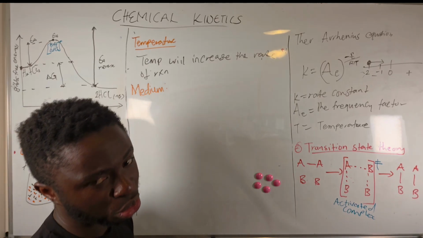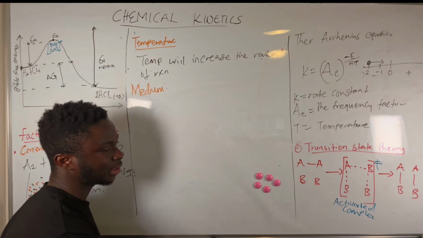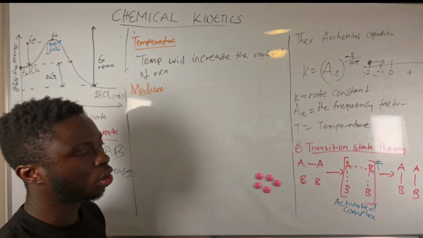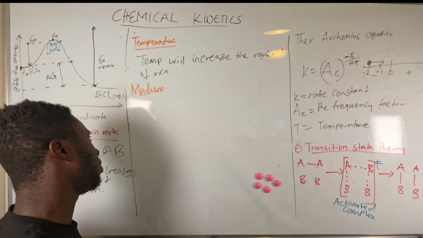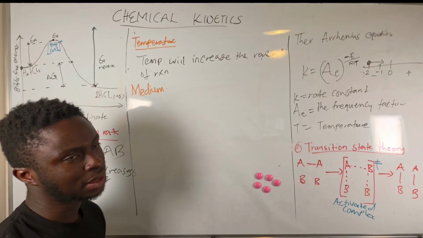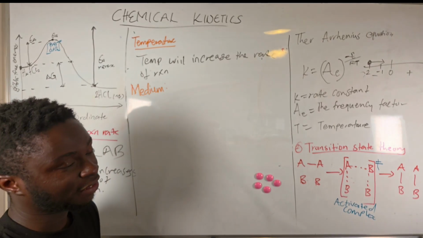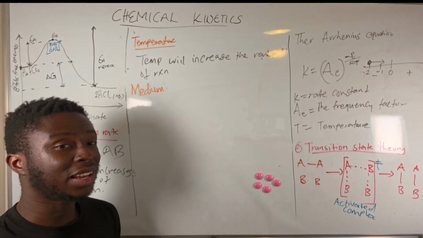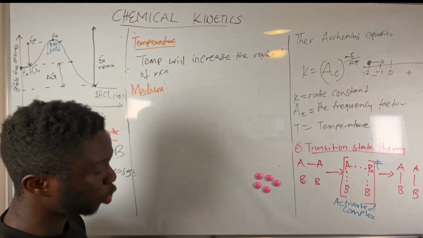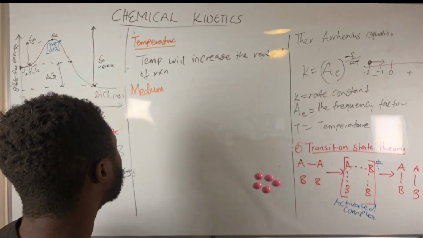And some compounds would prefer to react in aqueous, acidic, or alkaline environments. For instance, some enzymes act best in acidic environments, some act best in alkaline environments. So a medium would also affect the rate with which a reaction would occur.